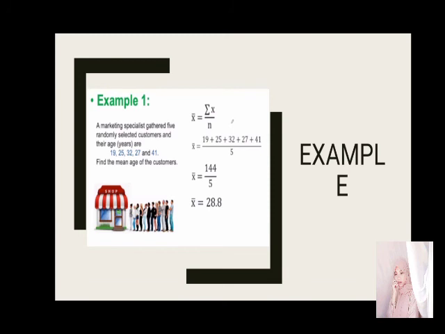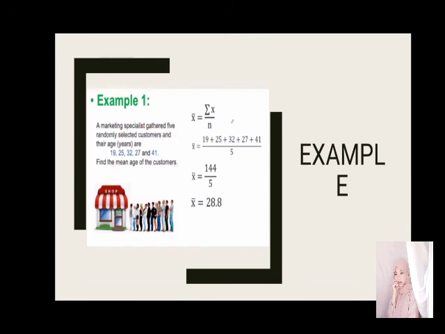Okay, you can read the example here. Since it was stated that these are randomly selected customers, then we are sure that these are from the sample. And given these 5 observations, the value of our small n is 5.